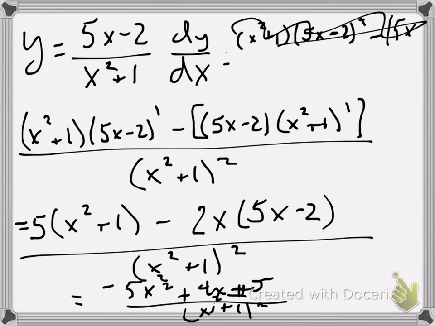Okay, I just want to do one more, and that should be enough to give you the opportunity to do some practicing with this. All right, let's do g of t equals t squared plus 2 all over 2t minus 7. All right, so I'll do this one a little bit quicker using the chant.